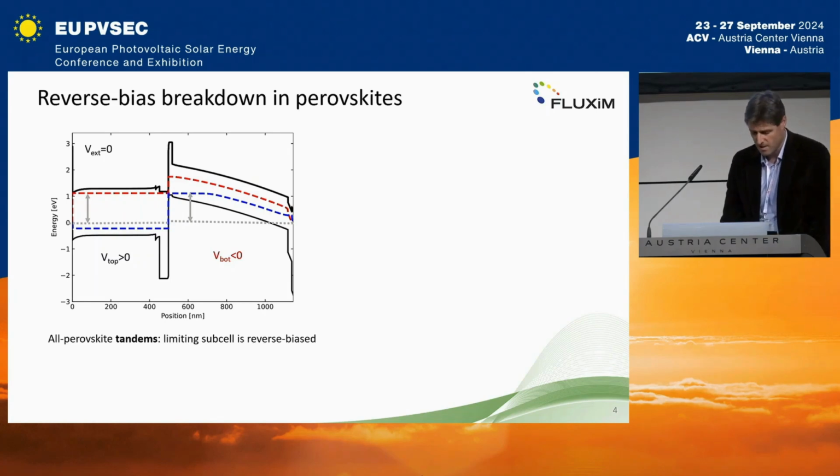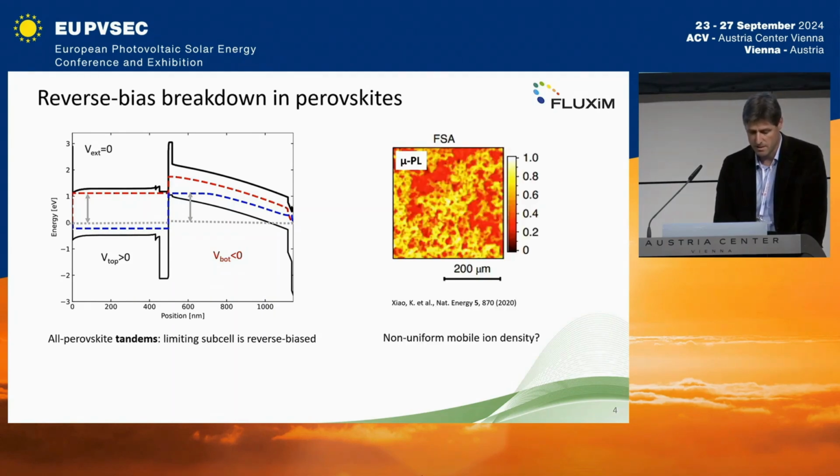So you have already a high field in this situation before even going to reverse conditions for the full cell. And then also in all-perovskite tandems, these are the same kind of thin film large area devices. There is non-uniform material quality, and this can of course also affect the distribution of mobile ions that have then an impact on the reverse bias breakdown.